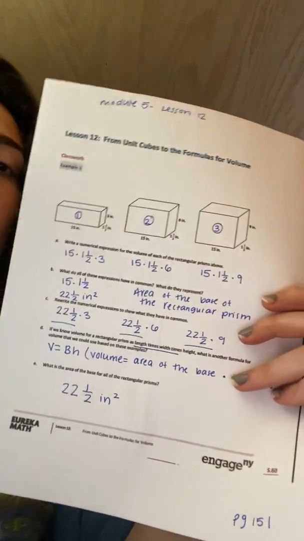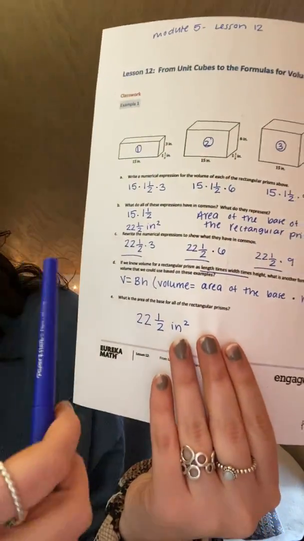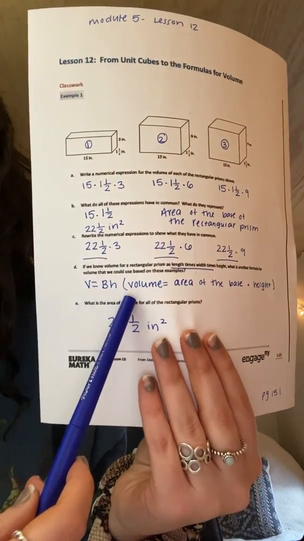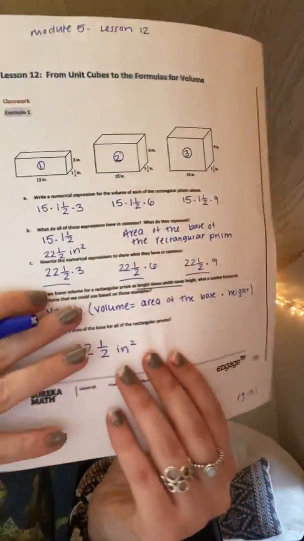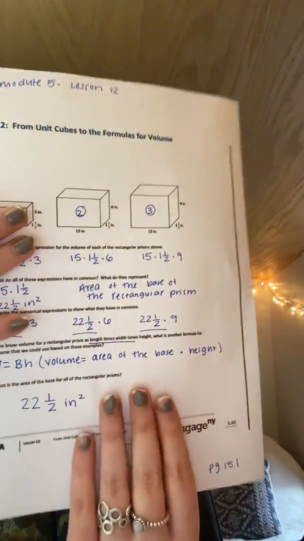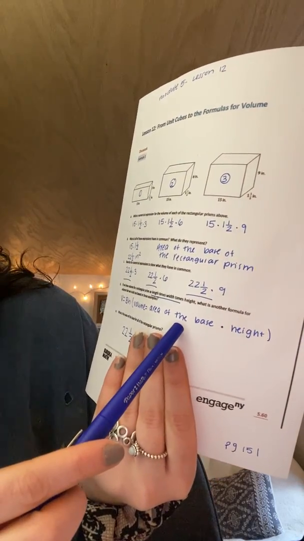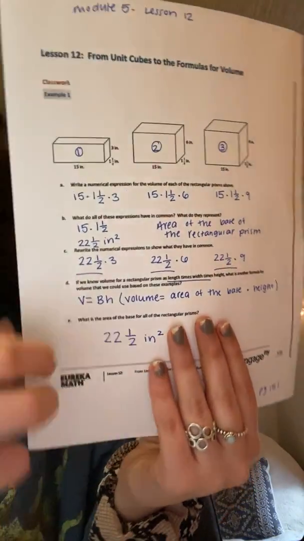For this one, you can use V equals base times height, which means volume equals base times height. And then in parentheses right here, I have volume equals the area of the base times the height. So there's that.